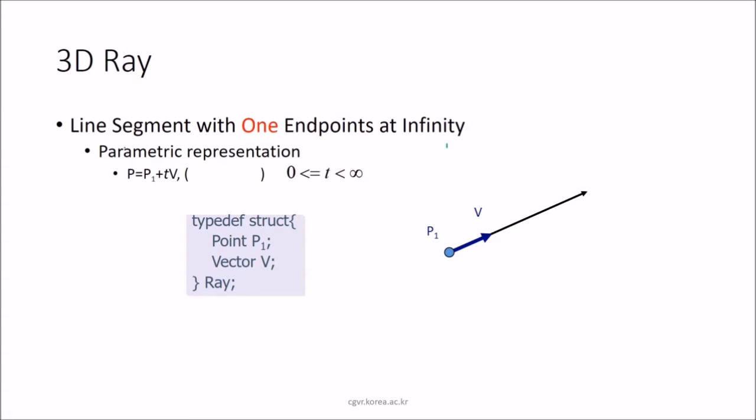Now this is the 3D ray. What do we mean by a ray? A ray is a line with one endpoint at infinity.